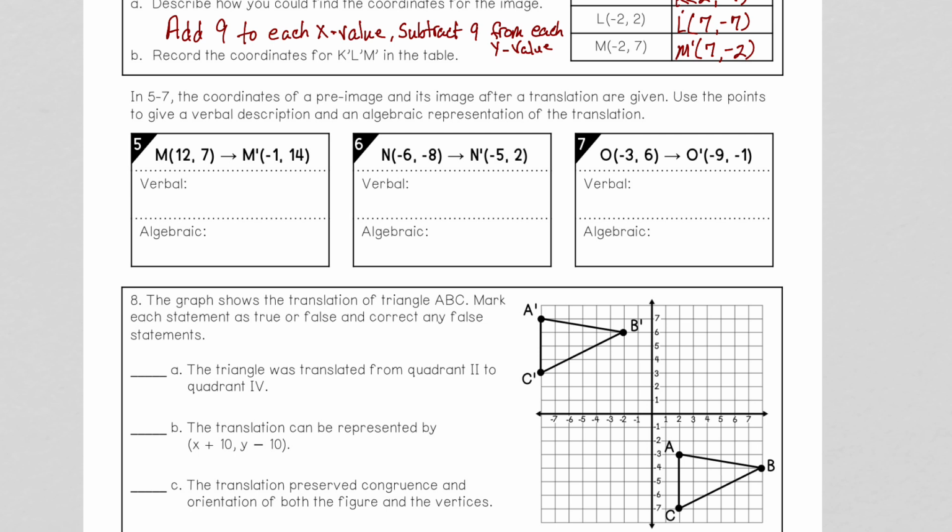So what we've got, first of all, in the verbal of number 5 is 13 left and 7 up. So algebraically, x minus 13, y plus 7.